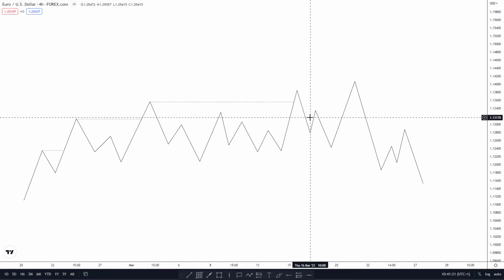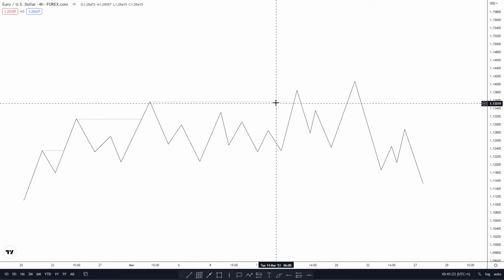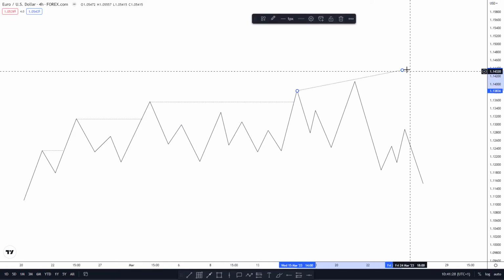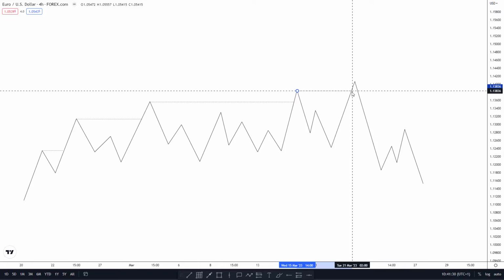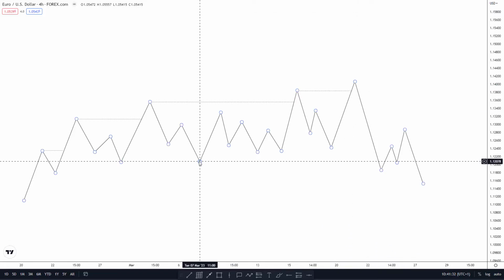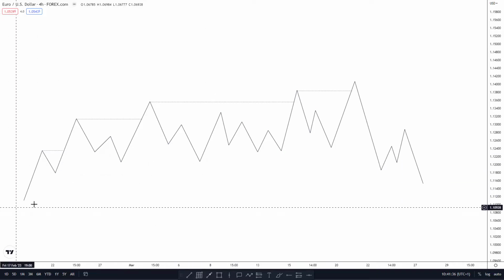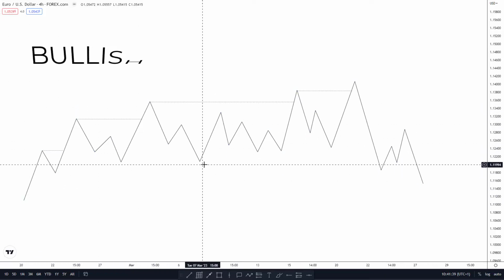So next up, price moves down, comes up, comes down. We then have another break, okay? If this was the swing low, this was the swing high, the swing high is broken before the swing low. Here you can see this is a bullish trend.